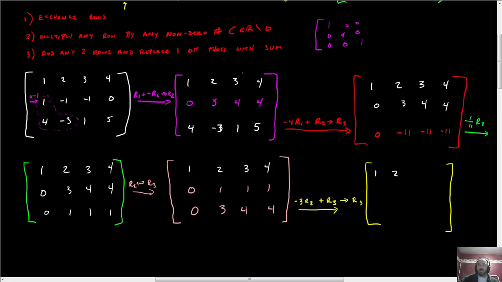So 1, 2, 3, 4, 0, 1, 1, 1. And now they change. So 0 times -3 is 0 plus 0 is 0. -3 times 1 is -3 plus 3 is 0. -3 times 1 is -3 plus 4 is 1. -3 times 1 is -3 plus 4 is 1.